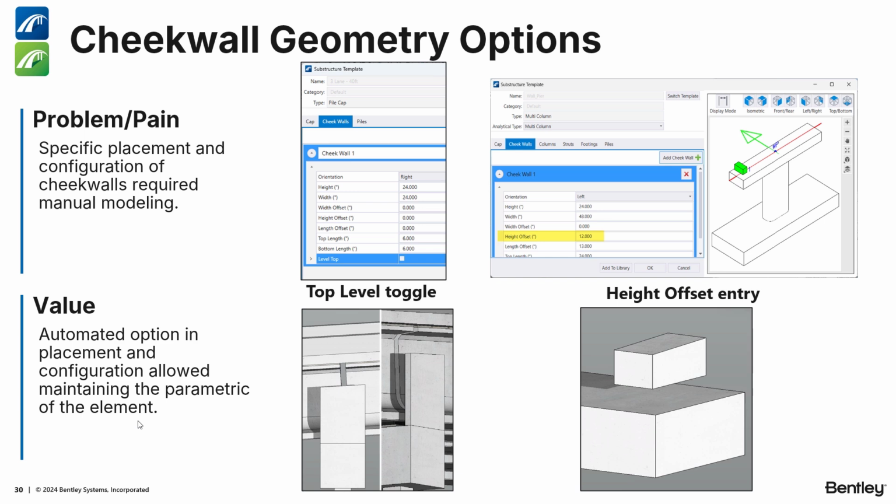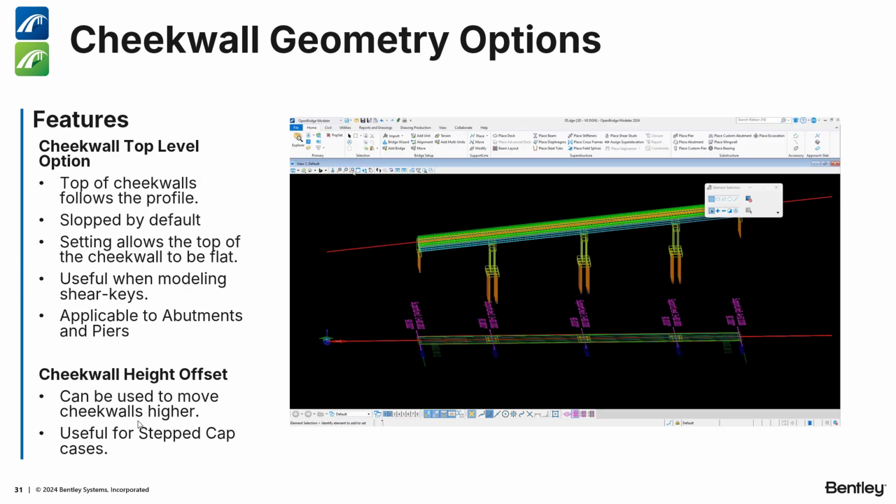Some more cheek wall geometry options on how to represent the top of the cheek wall, maybe just straight or following the roadway profile, as well as the dimensions and heights of that cheek wall. By default, they are sloped, but you can change that through the pier library.